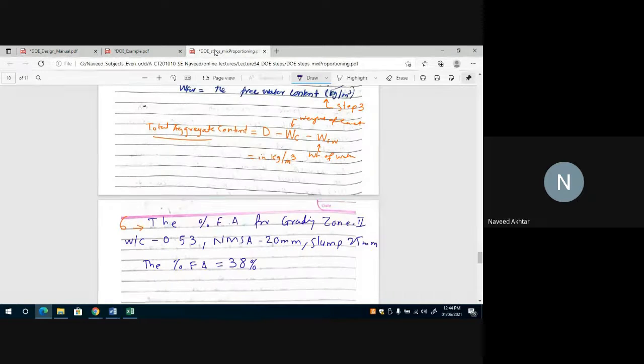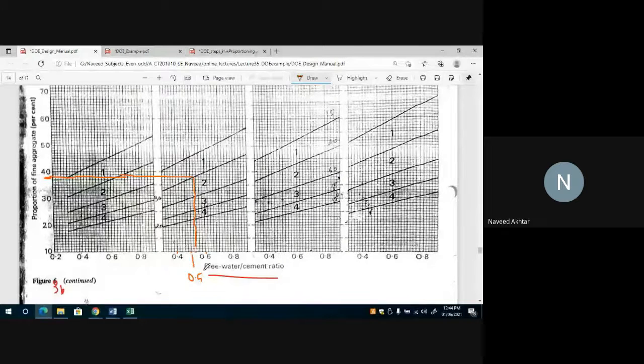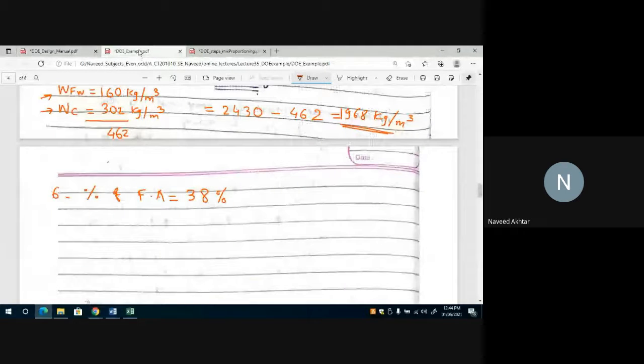You have calculated it based on the grading zone, the water to cement ratio, the nominal maximum size of aggregate, and the slump value. And you have calculated from this graph, it is coming 0.38. Okay, so that's why I have written here 0.38.